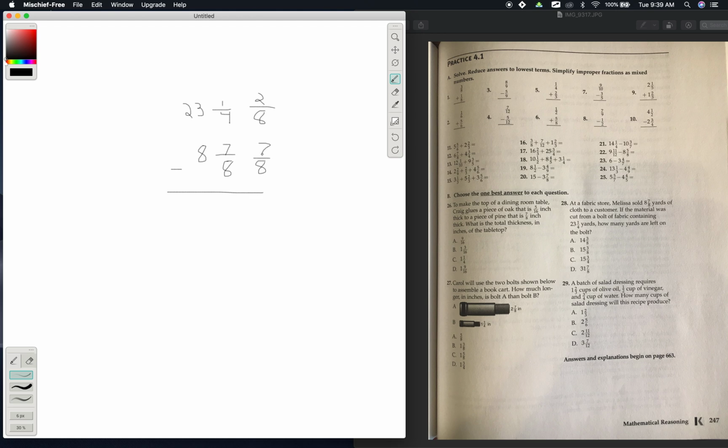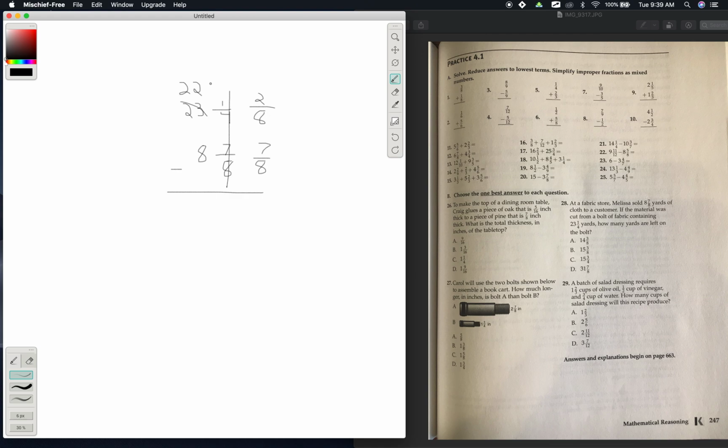So, okay, as we can see, we cannot take 7 away from 2. So we have to borrow from 23. Okay, so we'll cross this out, make it a 22, and we know that one of these whole numbers equals 8, because this defines the whole number as we specified earlier.